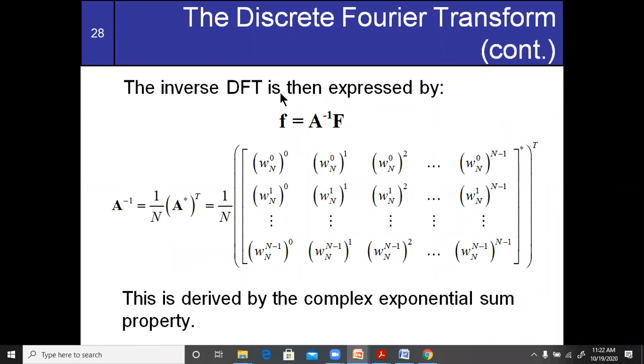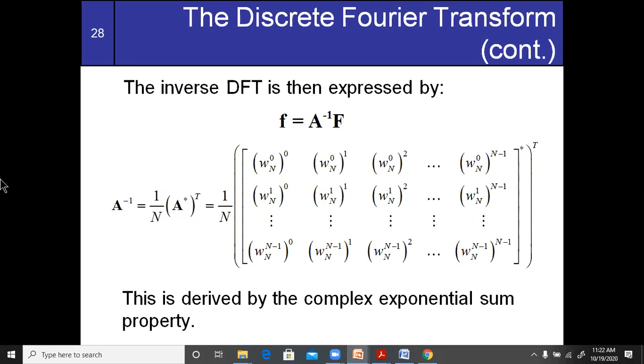So the inverse DFT is then expressed by small f is equal to A inverse of F. Capital F is equal to capital A into small f. So small f will be equal to capital A inverse into capital F, where A inverse is nothing but, you should first take the complex conjugate and then take the transpose and then divide by n.